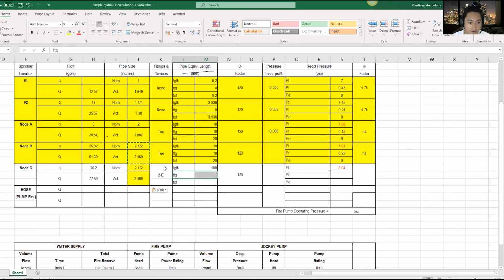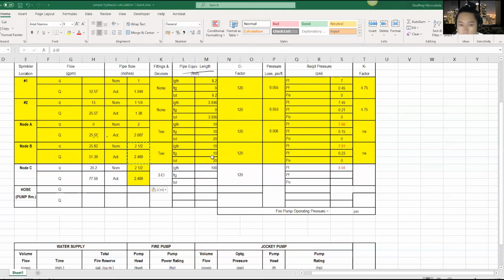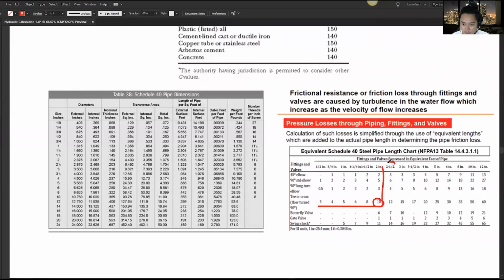The fitting is given as 2 elbows. Now, for the elbows, we go to our table. We've got an equivalent length for that. For a 2 and 1/2 nominal diameter of the pipe, we can choose either 45 degrees, 90 degrees, or 90 degrees long turn.